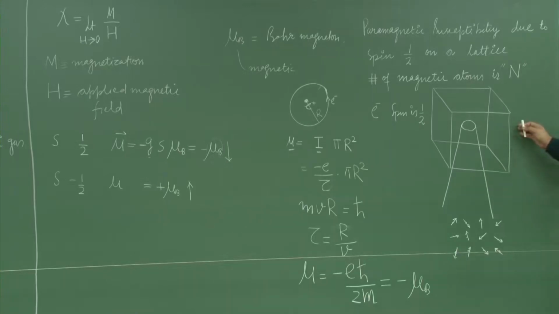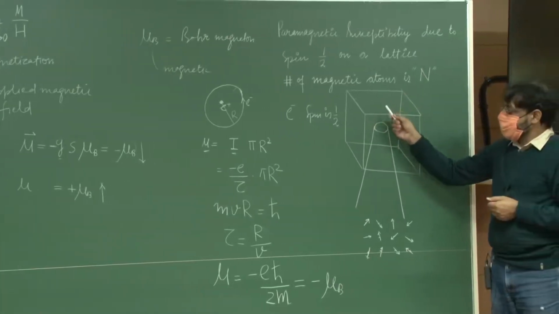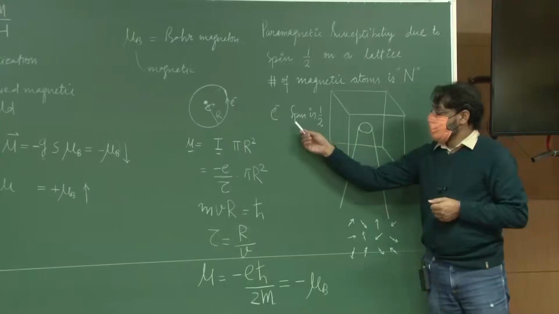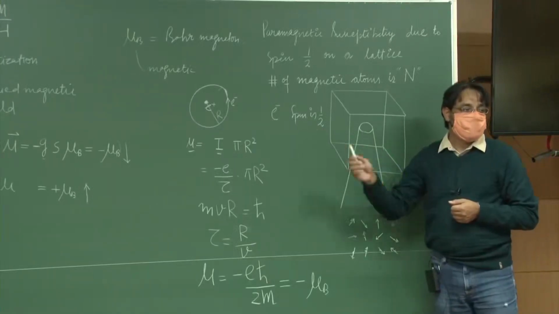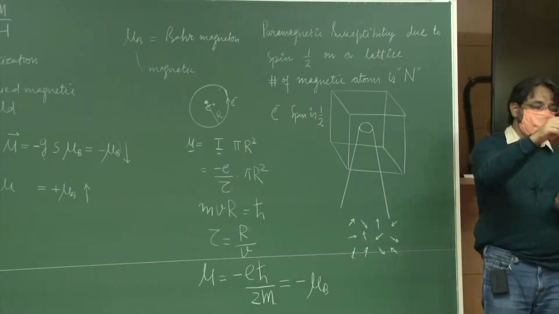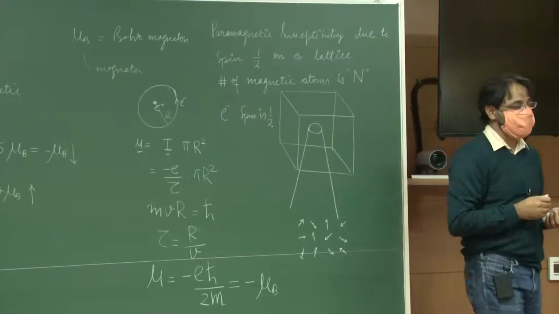The system on your right is a magnetic insulator. Here you have a material where every lattice site is decorated with a spin one half. You can think of an electron sitting at every lattice site, one spin half at every lattice site.